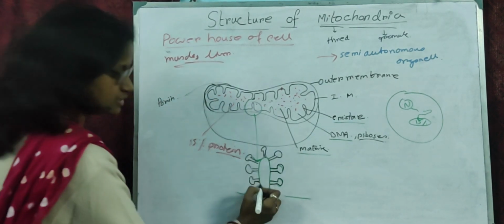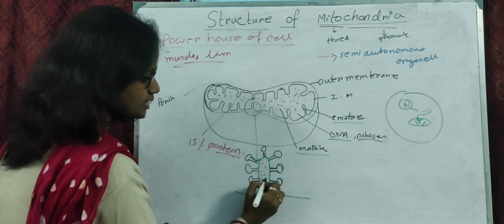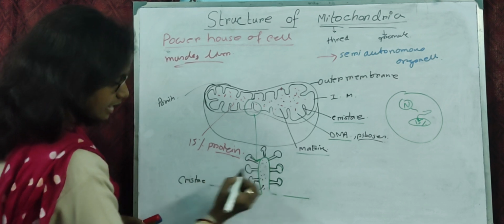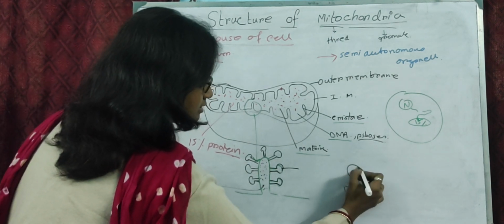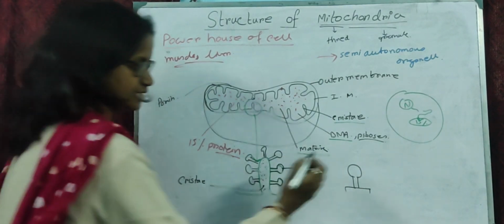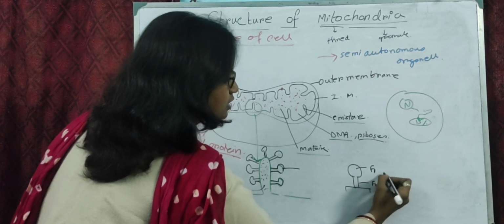Okay, F0 F1 particles. So these finger-like projections are called cristae, and this tennis racket part is called the F0 F1 particle. This is F1, this is F0.